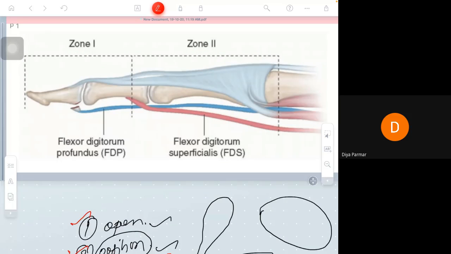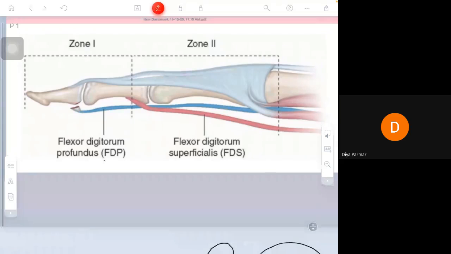This is FDP. Here, FDP crosses. What is this joint? Metacarpophalangeal. This is proximal phalanx, middle phalanx, distal phalanx. This is metacarpal bone. Clear?